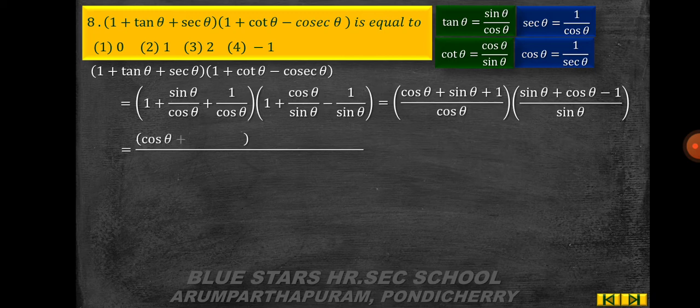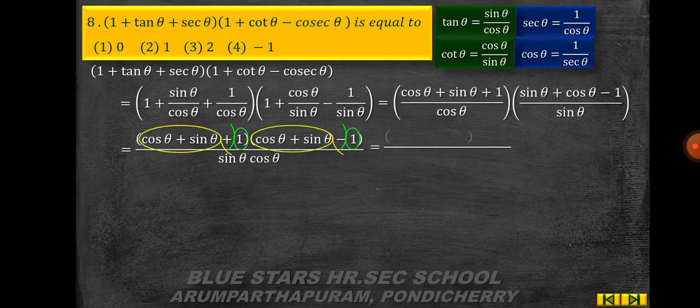We are taking LCM. So cos theta plus sin theta plus 1 into cos theta plus sin theta minus 1 divided by sin theta into cos theta. So in both terms you have cos theta plus sin theta and 1.